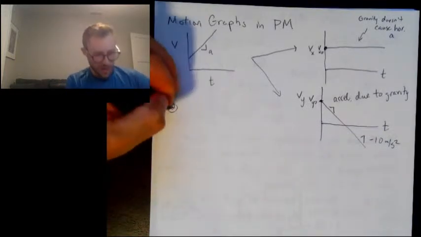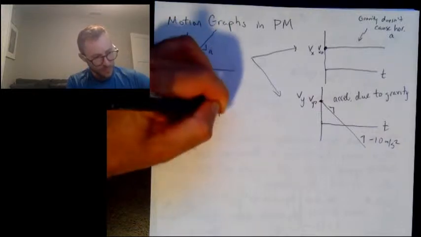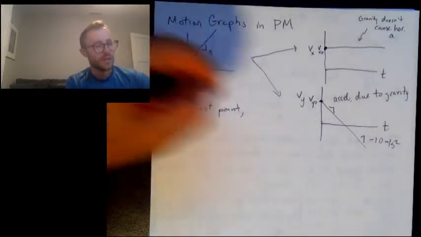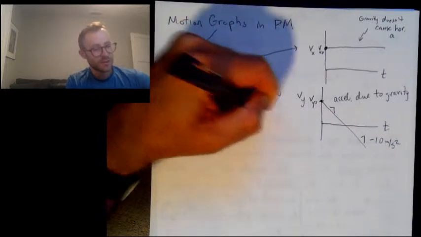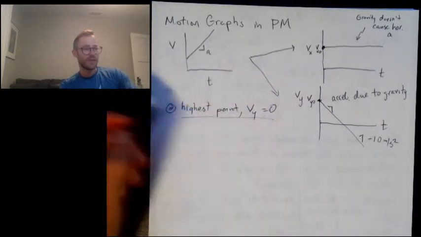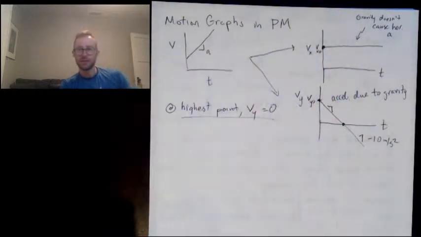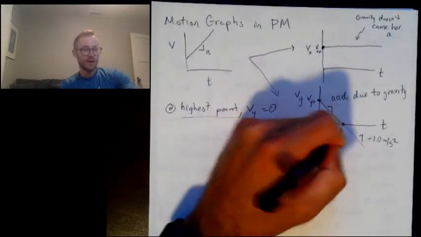But what you will have is at the highest point, the y velocity is equal to 0. Okay, so that is important. At the highest point, the y velocity is 0. So this moment right here, that is the highest point.